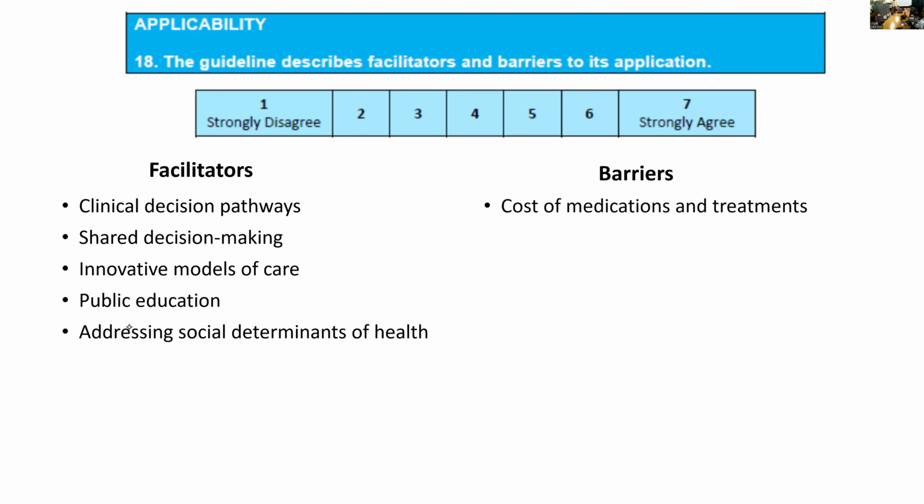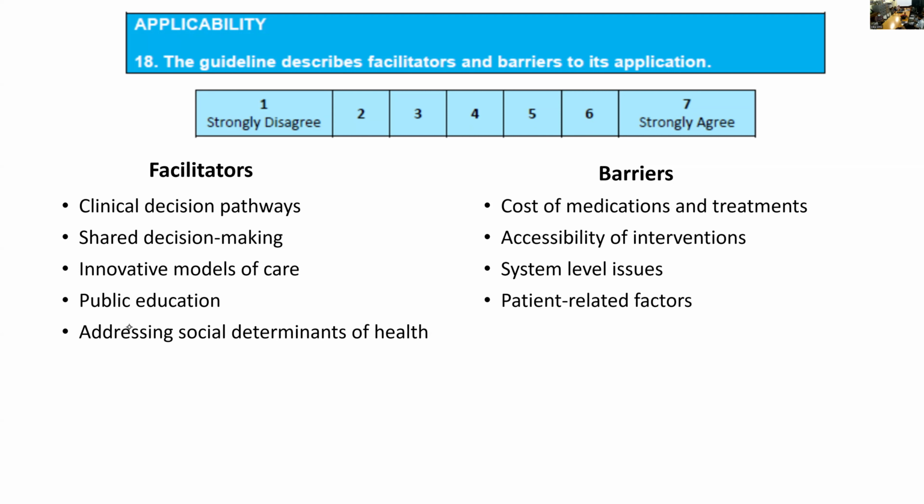The barriers, most importantly for a third world country like us, would be cost of medication and treatment, accessibility of intervention, system level issues like if we were to have a PCI center at every village, that is having to have people at every village, and patient related factors.